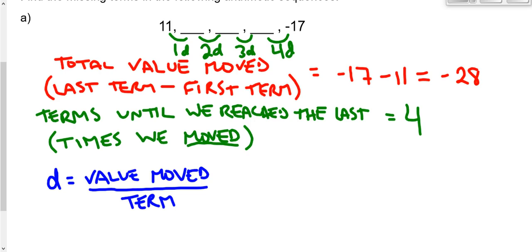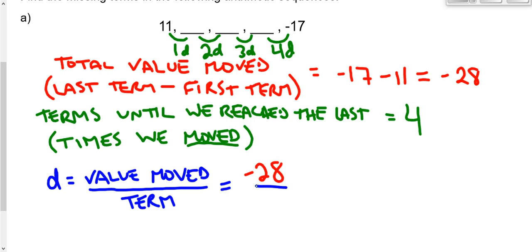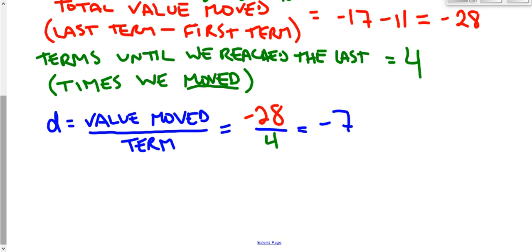So all I have to do is plug in those two numbers that I just calculated. The value we moved is -28. The terms it took us to get there were 4, so my common difference is just going to be -28 divided by 4, which is -7. So that tells me d. d is -7. I must have moved 7 spaces in the negative direction each time. I can go ahead and use that to find my answer.